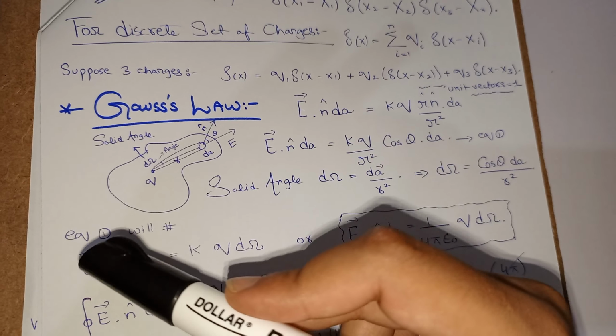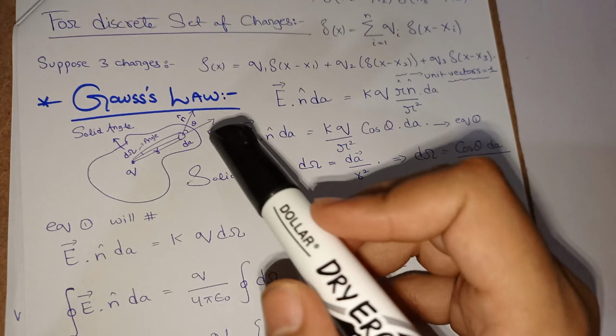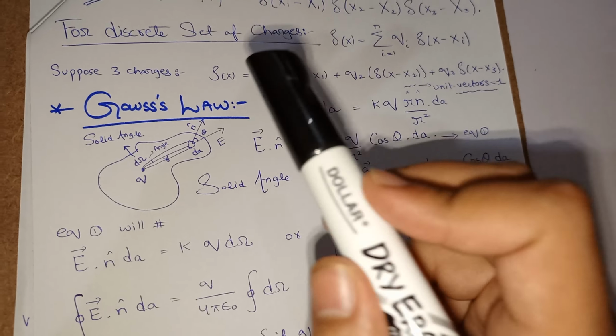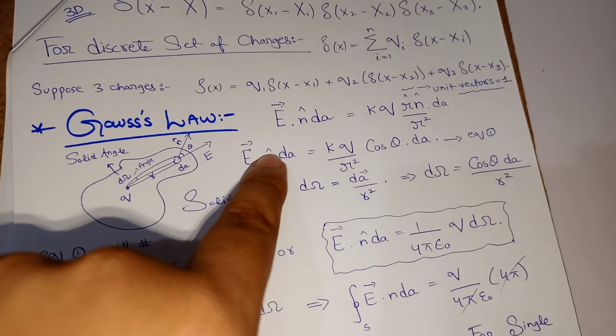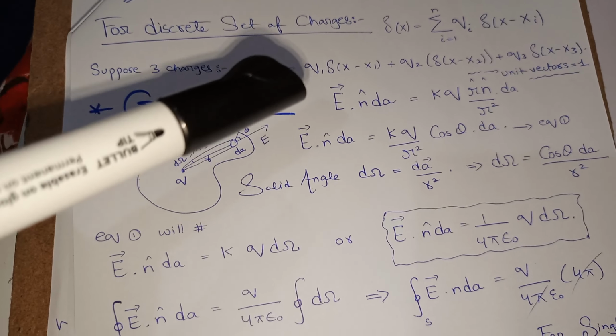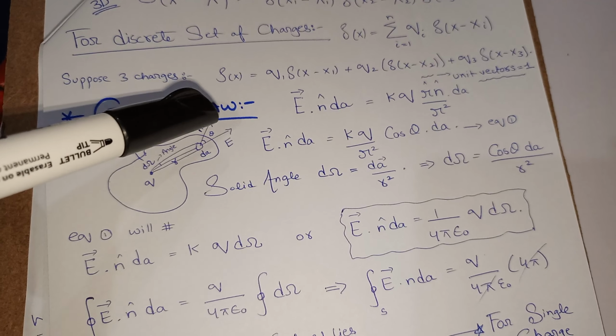The electric field is going outside the football, and wherever there is an electric field there must be some unit vector, the area vector, denoted by n cap. The angle between the area vector and the electric field is theta.